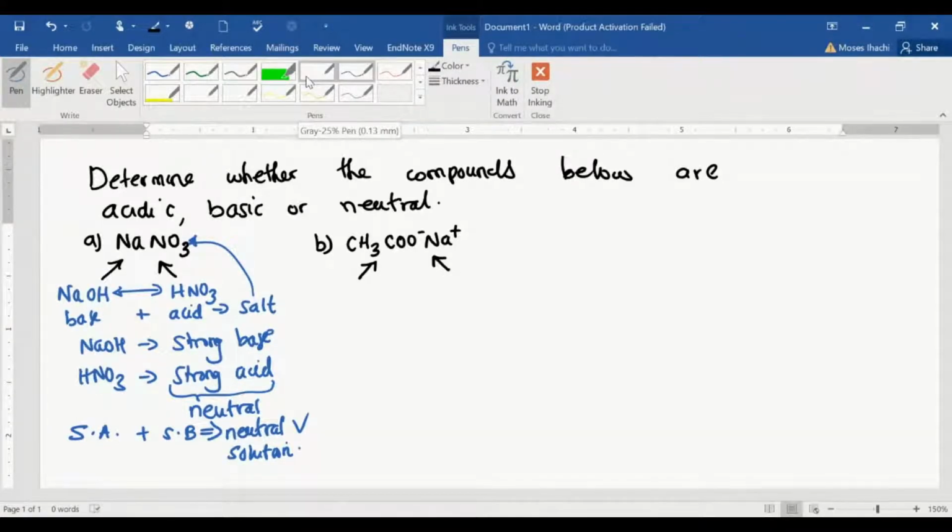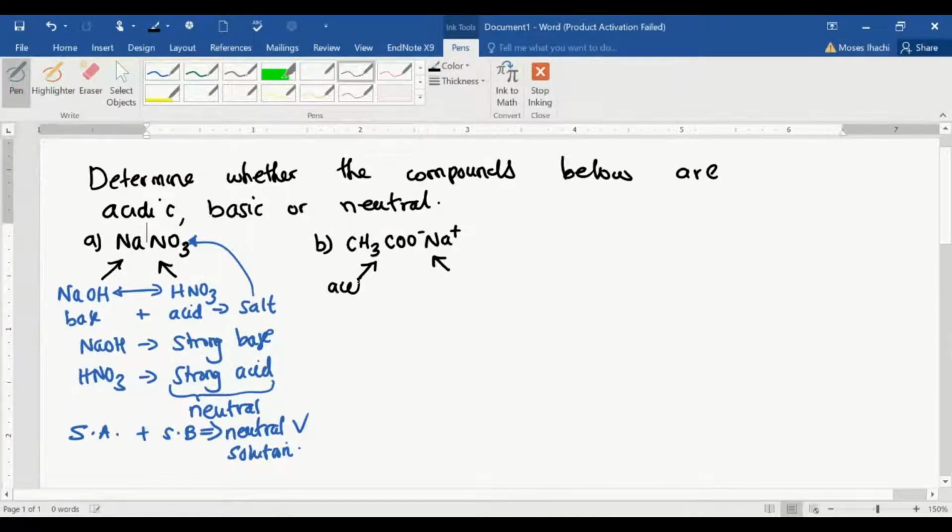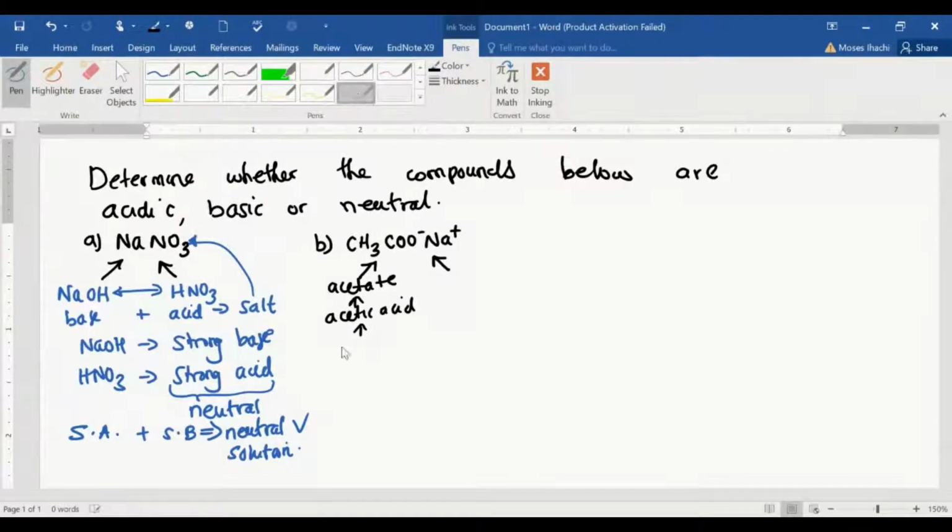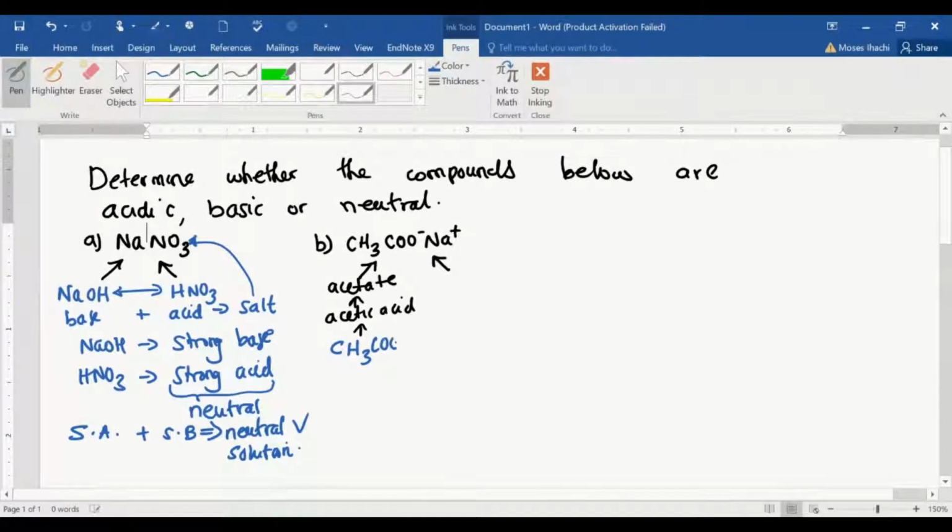In this case, I know that the acetate most likely came from acetic acid. Acetic acid must be a weak acid. It does not completely ionize in water to give you lots of H+. So this is a weak acid.